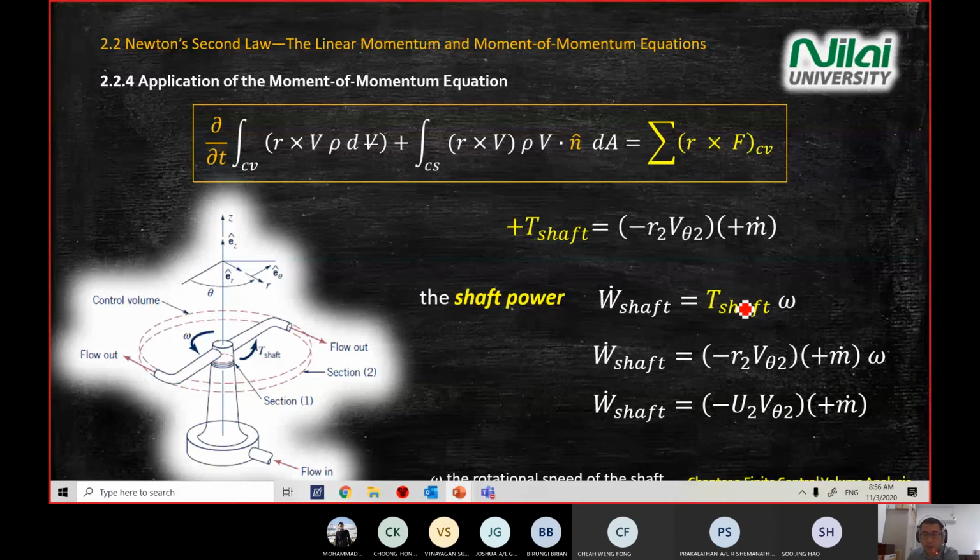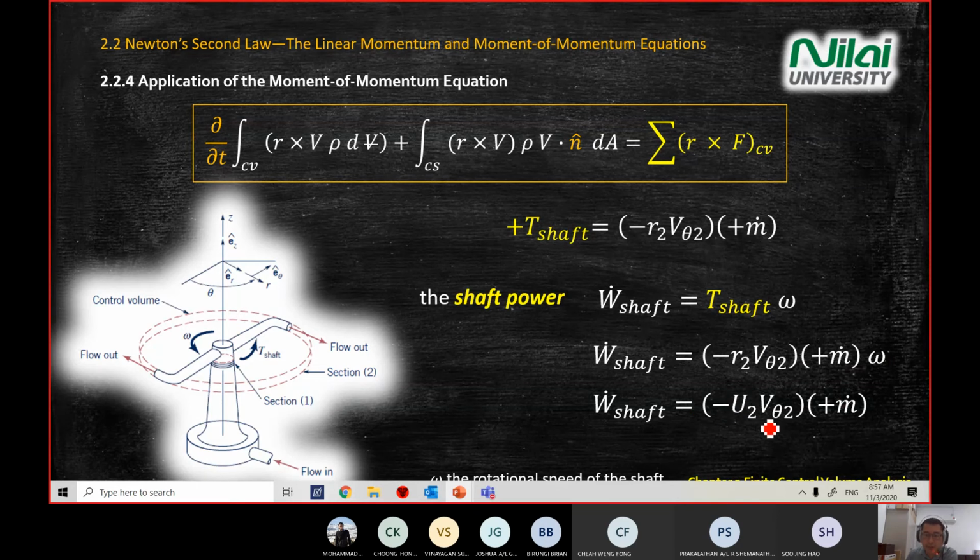You substitute the torque equation, torque equals negative R V times your m dot. So at the end, you arrive at this equation. We know that U equals R times omega, so we simplify our equation to negative U2 times V, where R times omega gives you U.